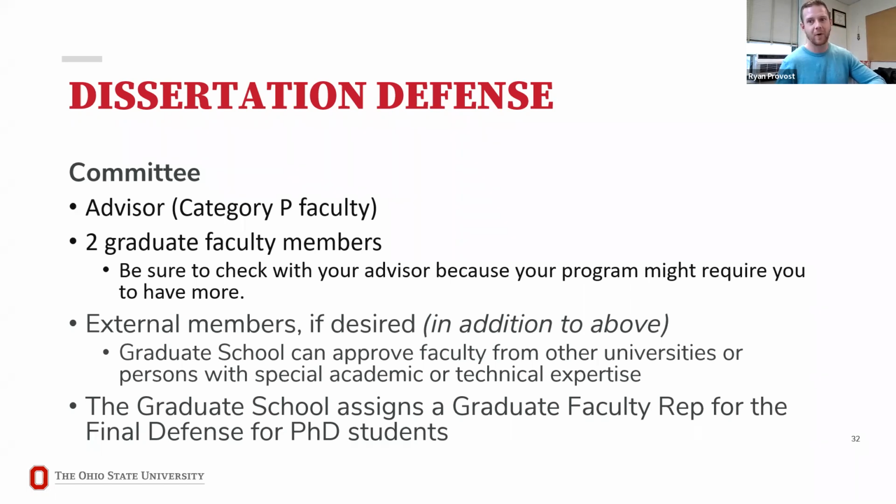Programs are allowed to require more, they just can't require less. And then any external members. So if you want to have someone else on there, you can do that. You just have to put them in there. And then, like I mentioned earlier, the grad school does assign a graduate faculty rep for every PhD student's final defense.